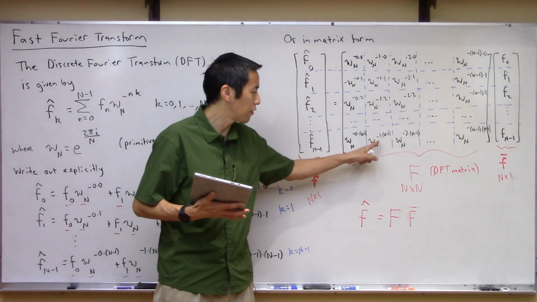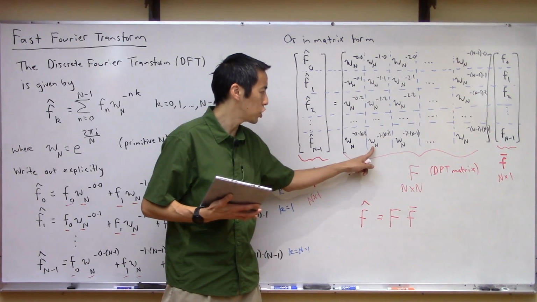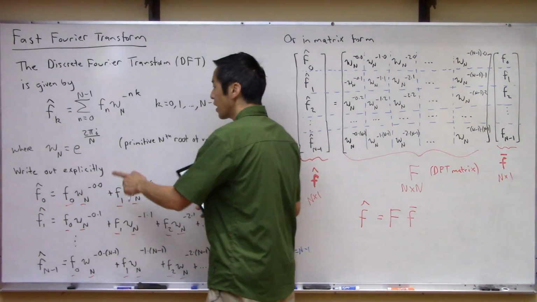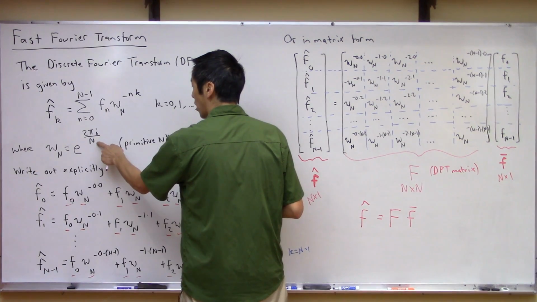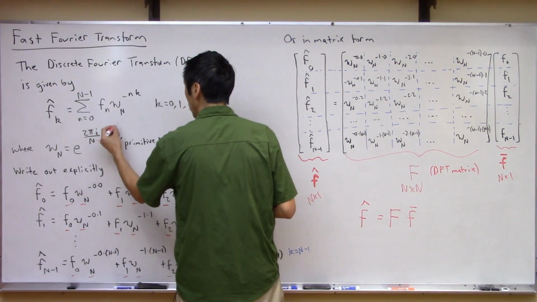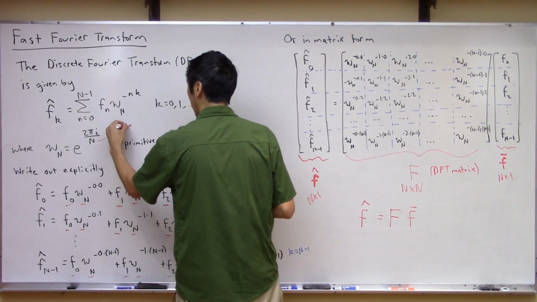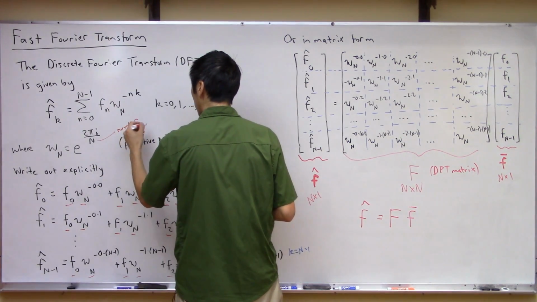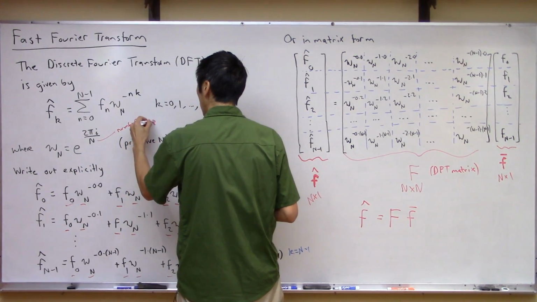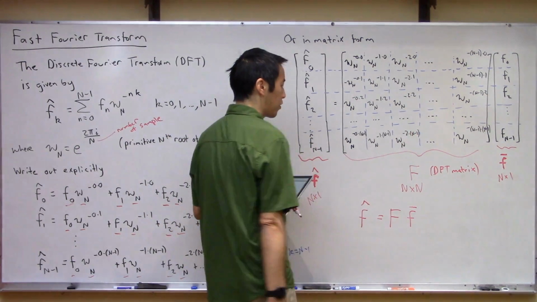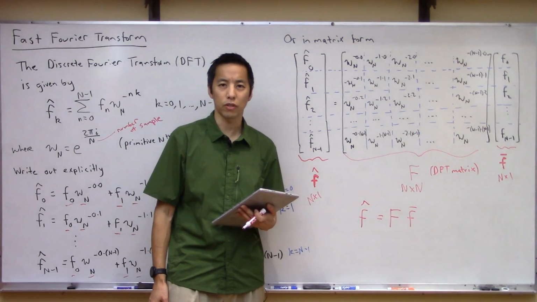The only thing this is a function of, if you look at our definition of the primitive nth root of unity, is that all you need is the number of samples. So the second you know the number of samples in your discrete signal, you can go ahead and calculate this F, this DFT matrix, right?